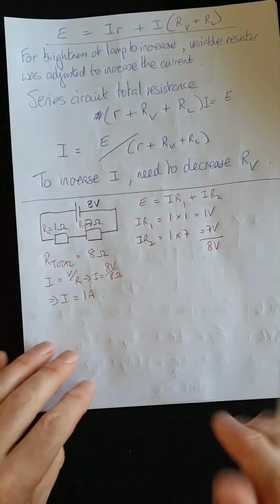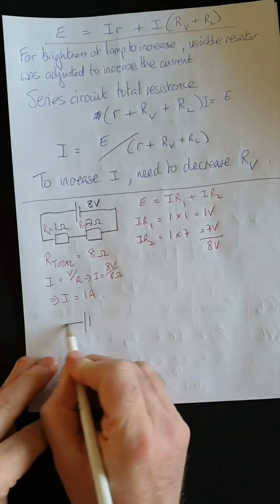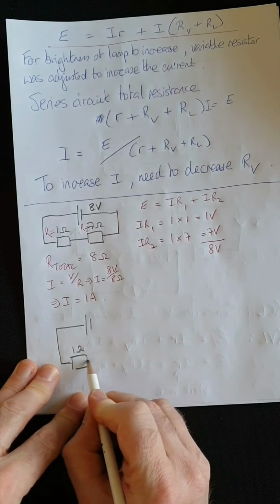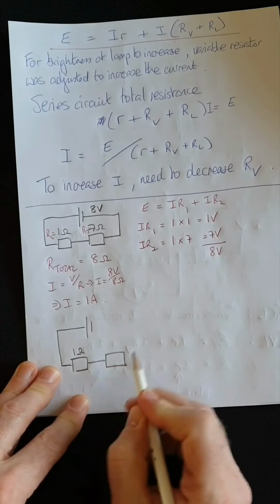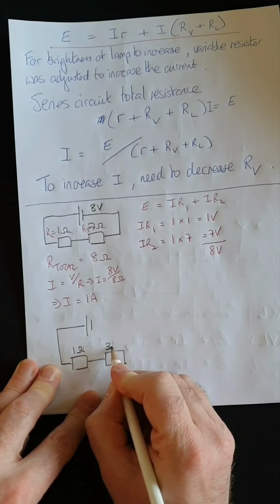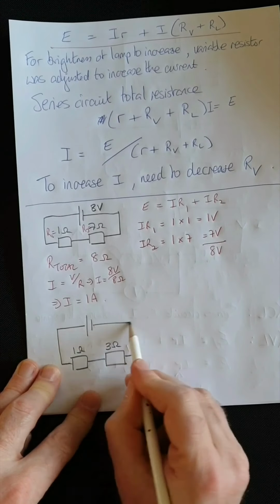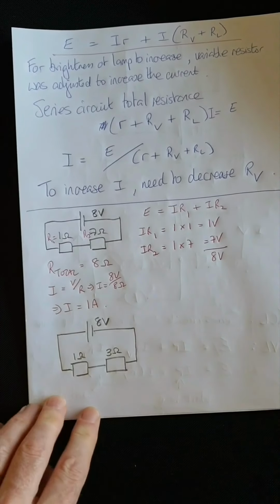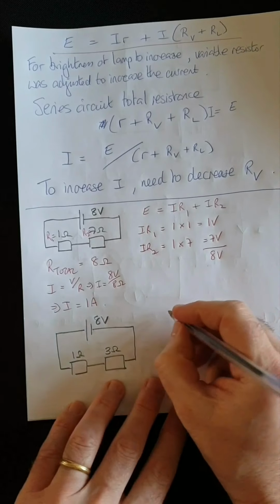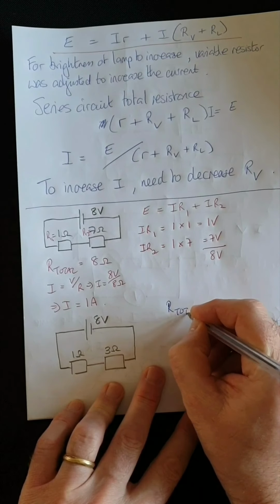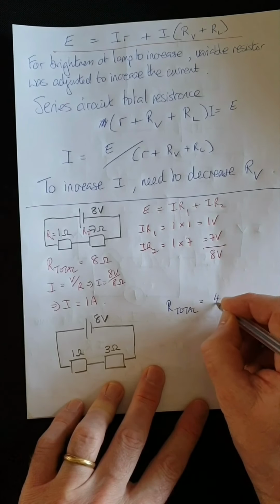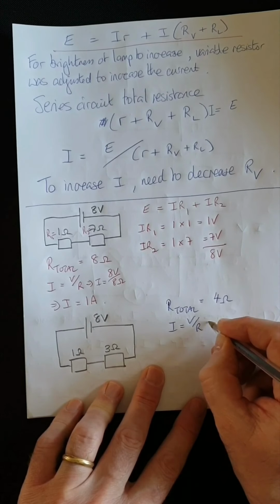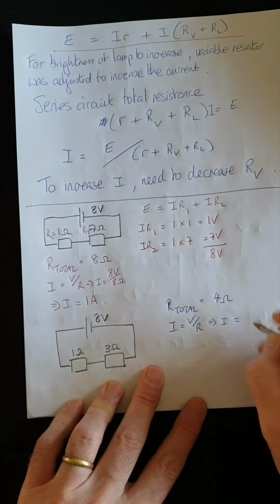If, however, I keep this resistor the same but make the other resistance smaller, let's say 3 ohms, my total resistance has been reduced. That means that the current is increased.